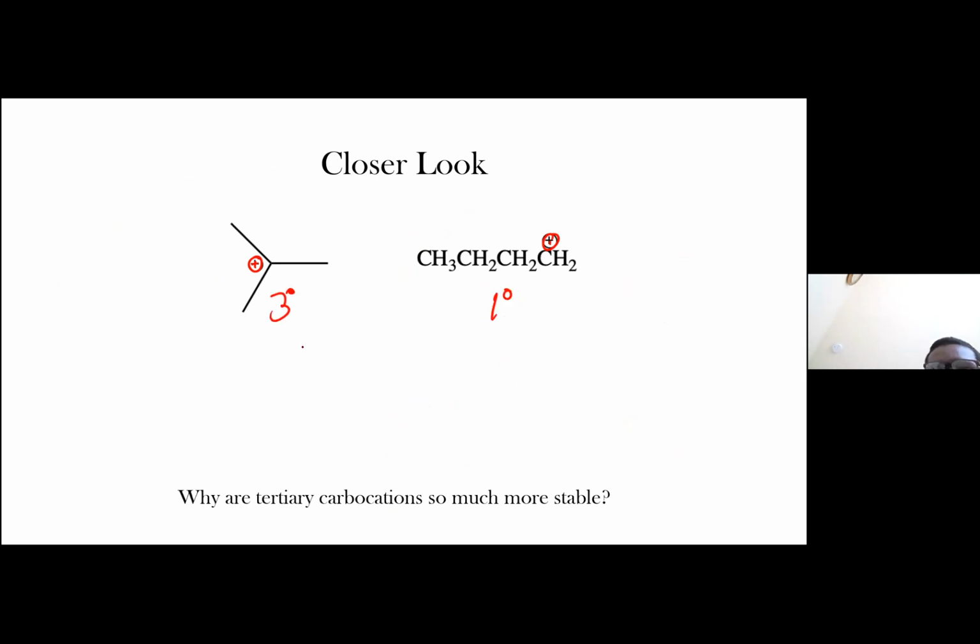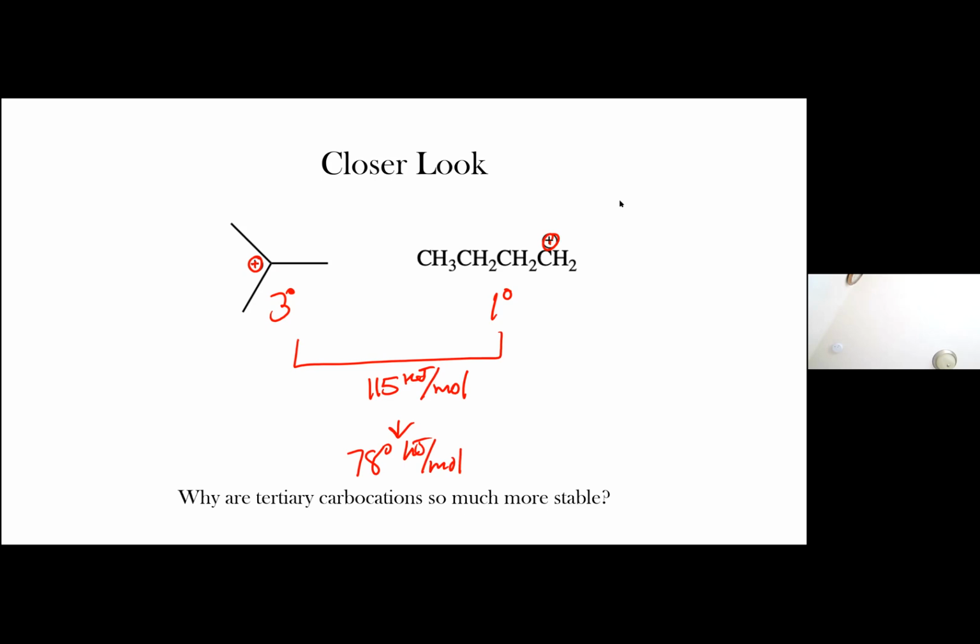And there's about a 115 kilojoule per mole difference in the heat of formation for these two carbocations, which leaves about 78 kilojoules per mole of extra stability by having more alkyl groups.